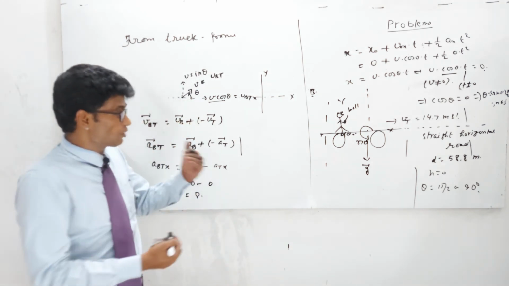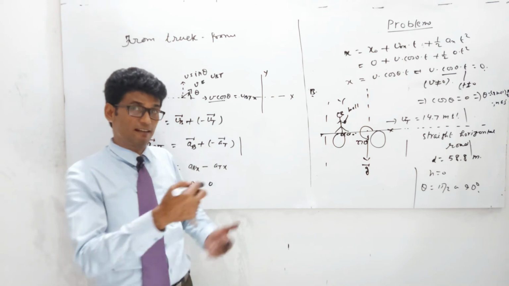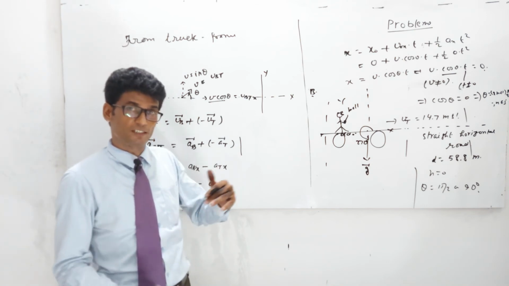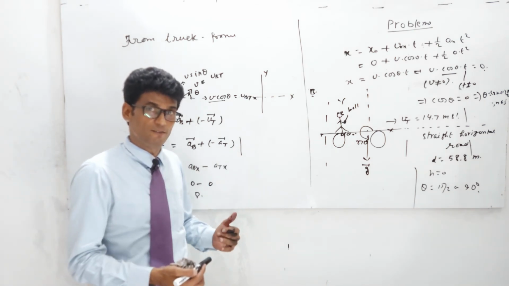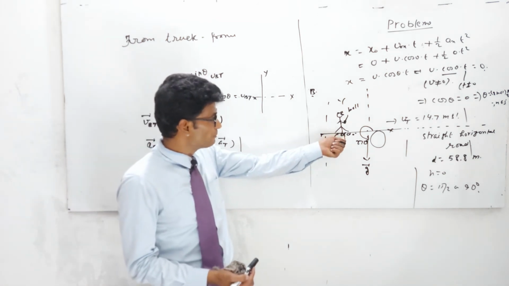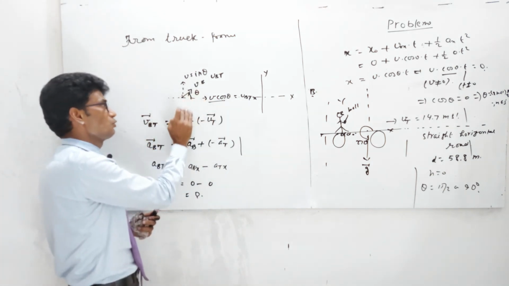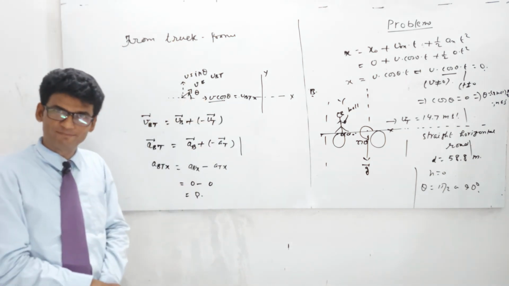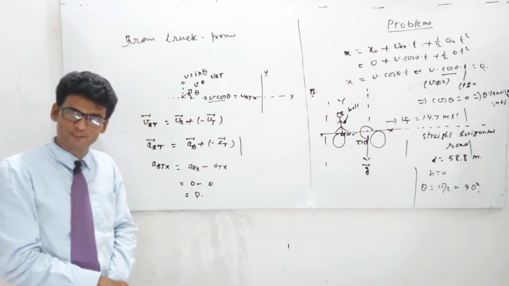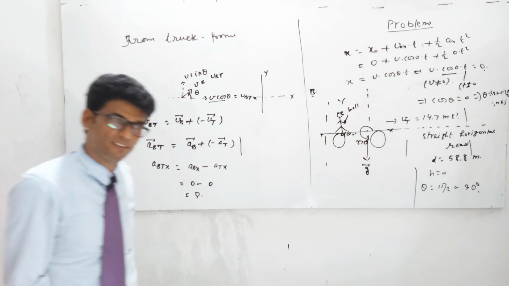So with respect to the truck, an observer sitting or standing on the truck finds that the person throws the ball straight up, 90 degrees, because we have taken the angle from the horizontal, so straight up.